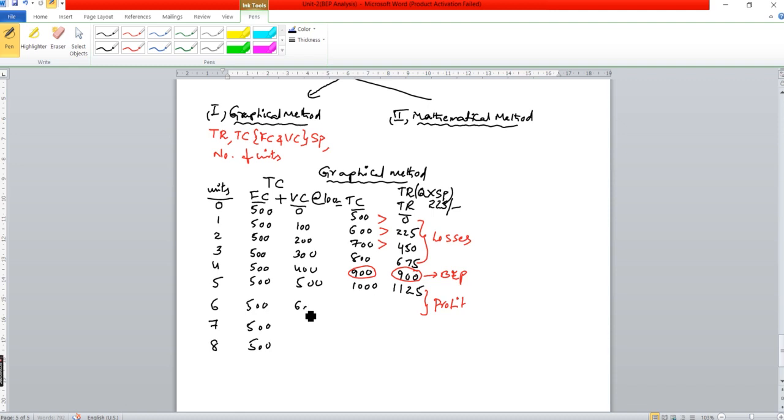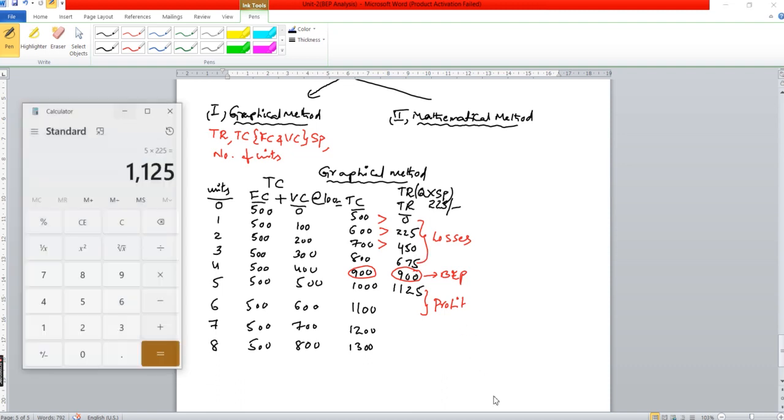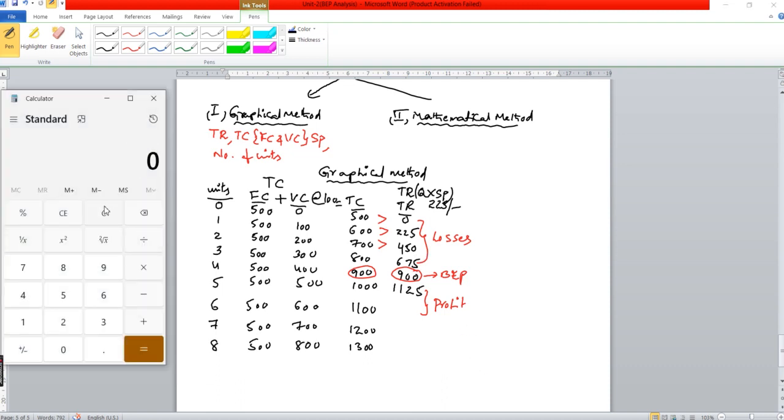Here the costs would be 1100, 1200, 1300. Similarly, total revenue can also be extended, at the 6th unit, 6 into 225, 1350.